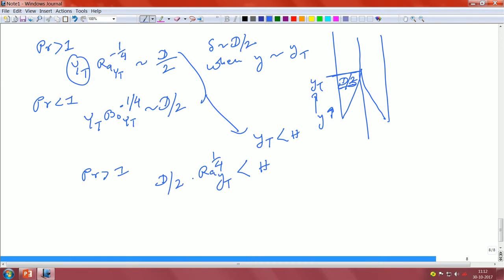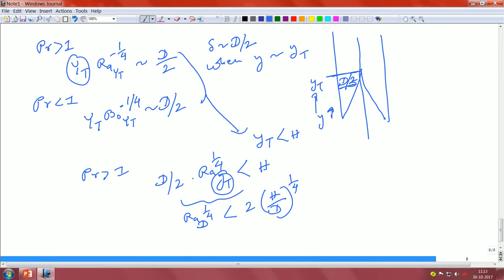Now, if you take this particular parameter out, that means you convert it from the yt scale to the d scale, casting it in terms of Rayleigh number with respect to d, then you can show that this expression boils down to Rad to the power of 1/4 is less than 2h by d to the power of 1/4.